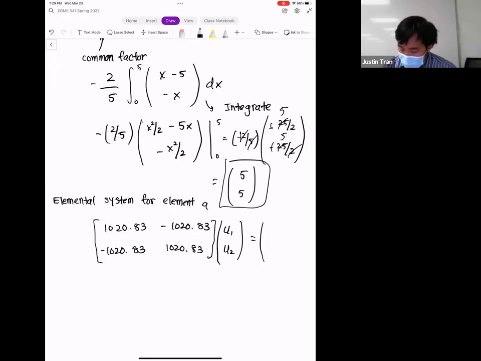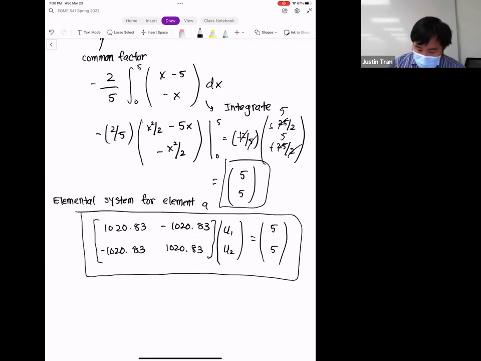And it's equal to 5 and 5. All right, so there's our system for element A.